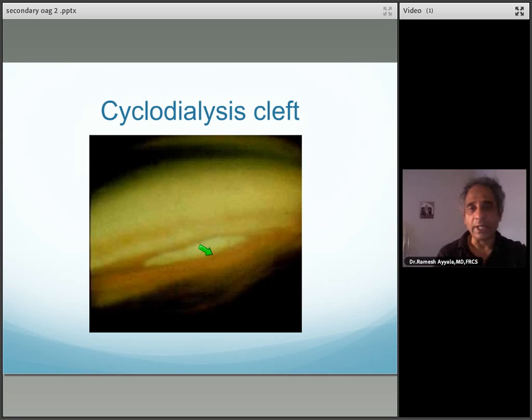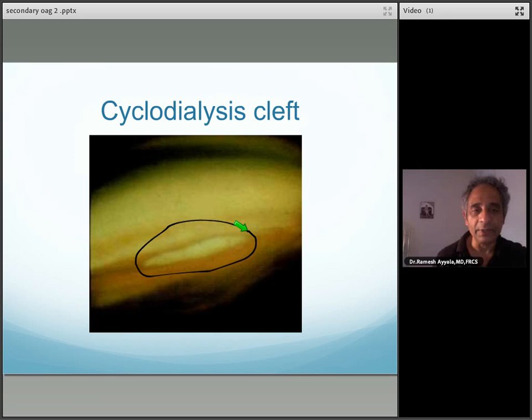Let's move on to cyclodialysis cleft, as is being demonstrated in this particular gonio picture. You can see the white sclera because of the disinsertion of the ciliary body longitudinal muscle fibers from the scleral spur.